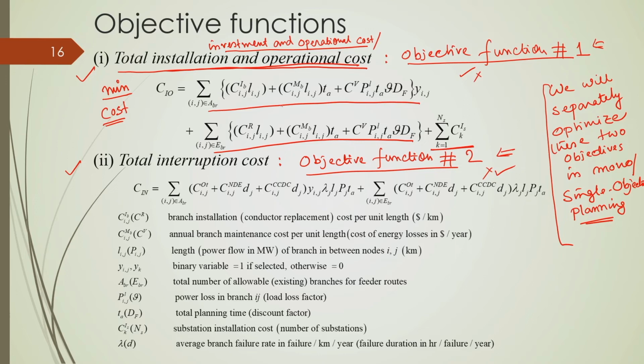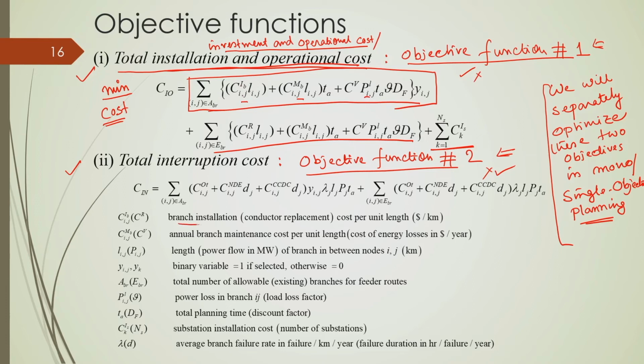This first cost component again has three different components: one is this, another is that, another is that. And what is that? C_ij^B multiplied by L_ij.